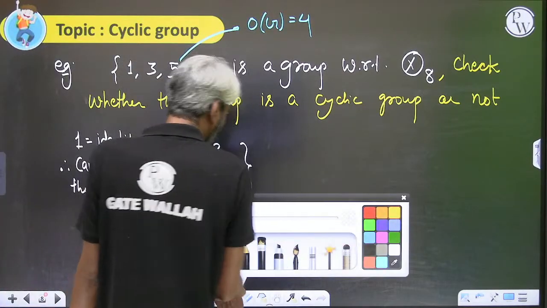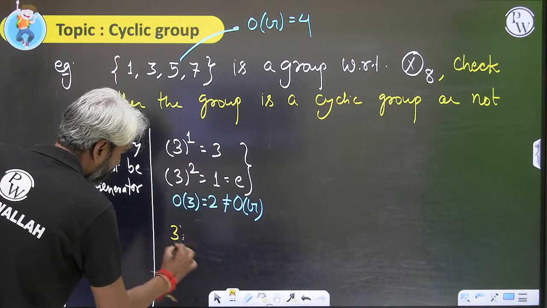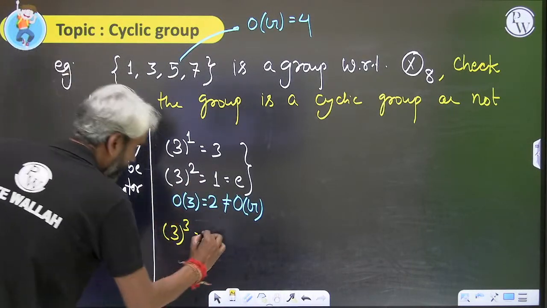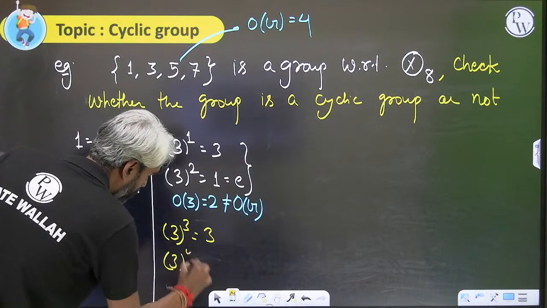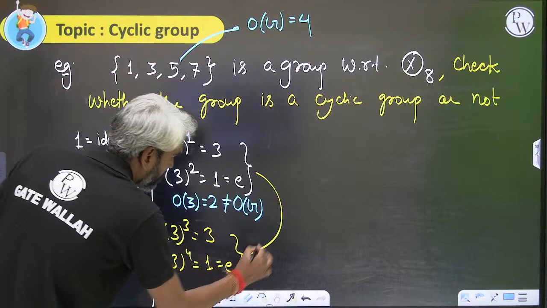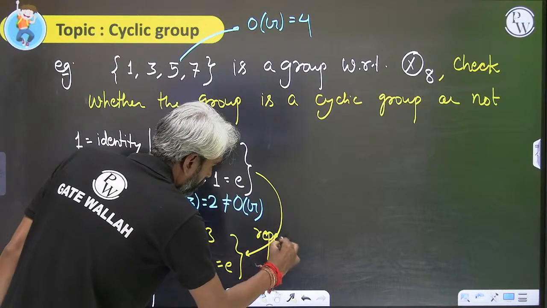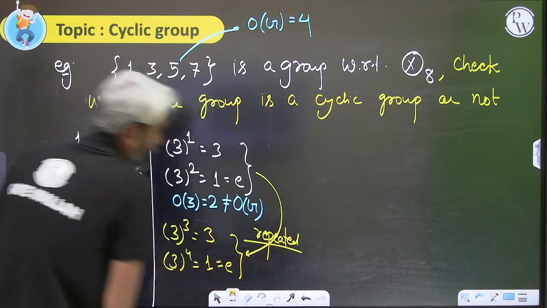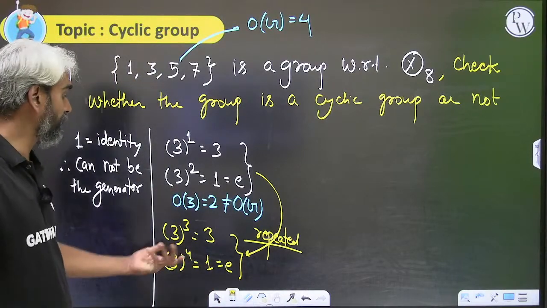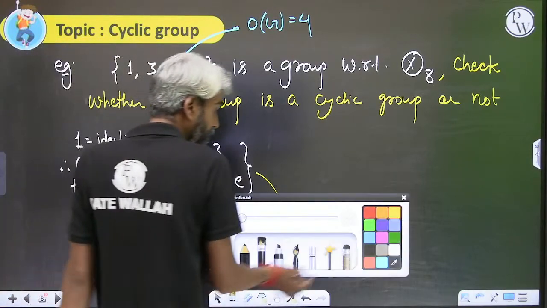Therefore, it cannot generate all the elements. We can actually see. 3 raised to power 3 will be 3 square times 3, so it will again be 3. 3 raised to power 4 will be nothing but 1, which is the identity element. So you will eventually understand the repetition. If you increase the power any further, the element will start repeating the elements which it has already generated.